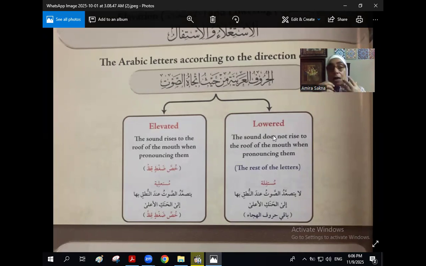When I pronounce it, is the sound directed to the roof of the mouth, to the dome of the palate, or not? We have 7 letters which are the letters of elevation, or the letters of istila. Istila means that the sound rises to the roof of the mouth when pronouncing them.